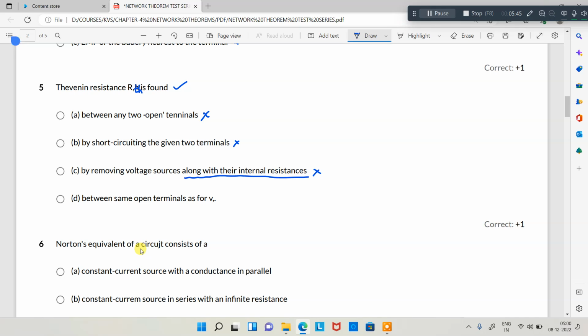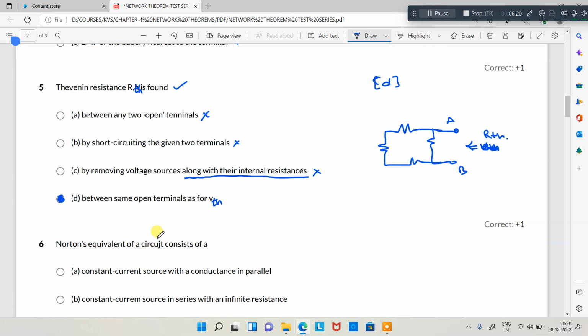Clearly look at the statement from Thevenin's theorem: between the same open terminals as for VTH, while you are finding the Thevenin's resistance. Your VTH you have found across open circuit terminals, for example these two terminals, and those terminals are used to find out the RTH. This is the way. So option D is the correct option.